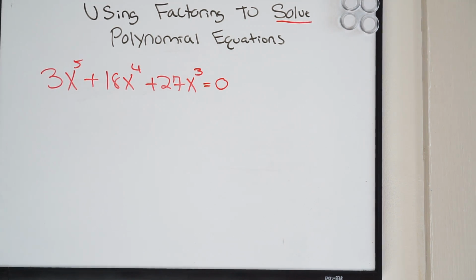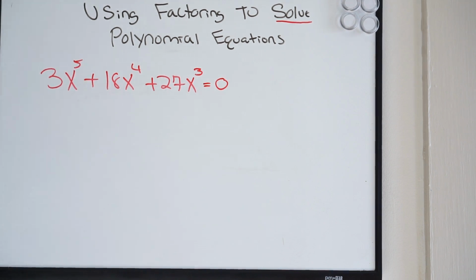Alright, so in order to do this, we're going to use factoring to find these zeros, or these roots. The first thing we want to do, we have 3 terms here. Let's see if we can pull out a greatest common factor between the 3 terms. It looks like they all have a 3 in common, and it also looks like I can pull out an x cubed.